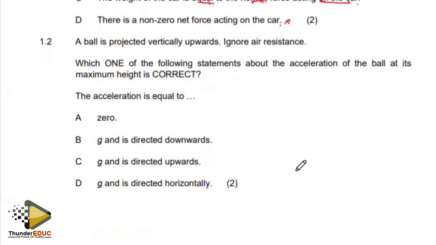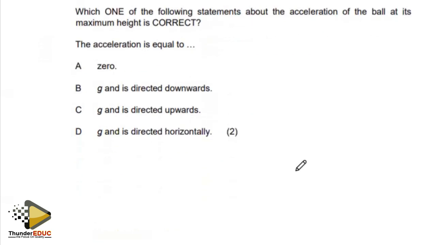Then 1.2, a ball is projected vertically upwards. We ignore resistance. Which of the following statements about the acceleration of the ball at its maximum height is correct? We know that for as long as the ball is projected upwards, there is just one acceleration, which is g. The influence is just gravitational force, but which direction?